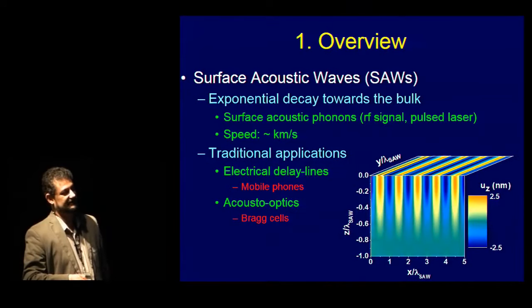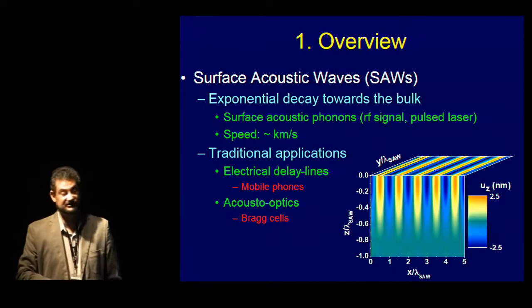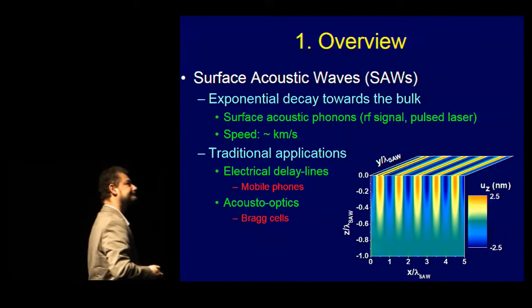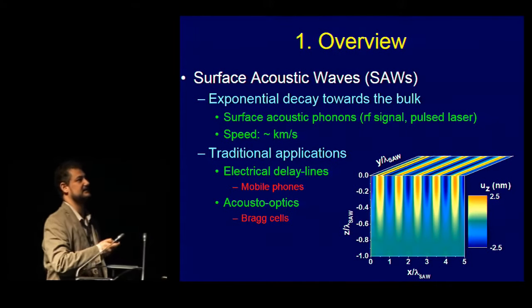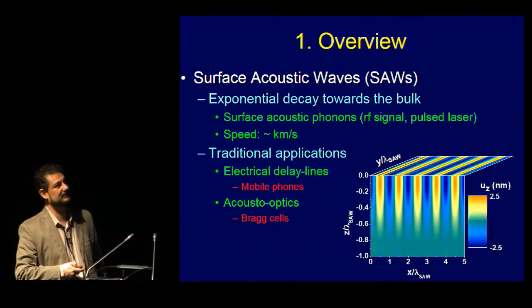So you see the acoustic wave penetrates inside, this is the depth of the sample. So it penetrates into the depth, but basically the acoustic power is attenuated within one acoustic wavelength. This is a plane wave that propagates. And that's basically the definition of surface acoustic waves. It has an exponential decay towards the bulk.